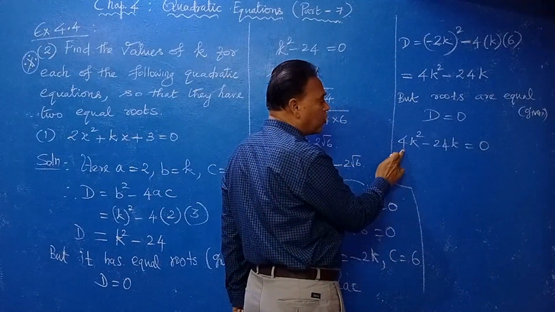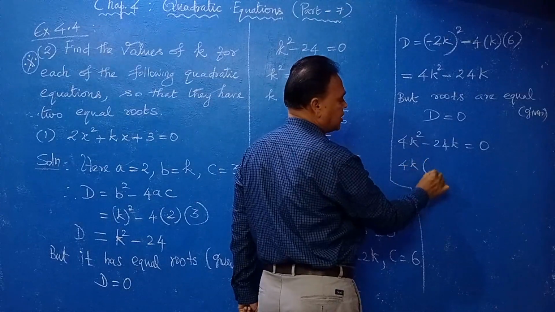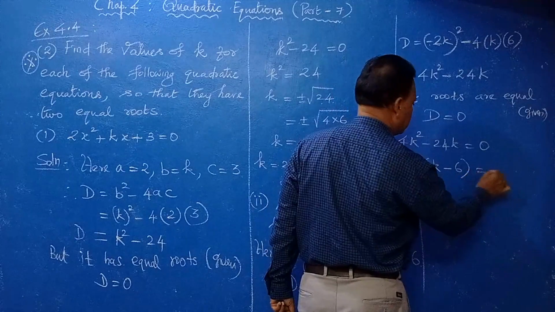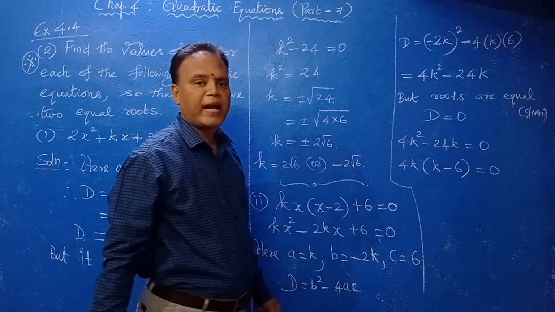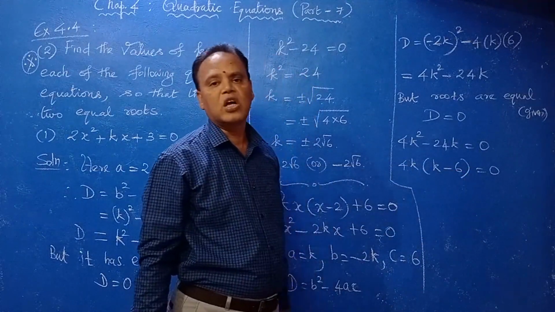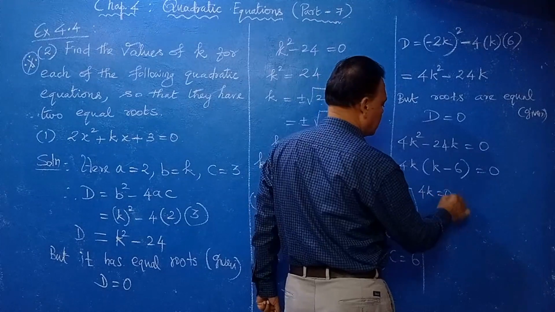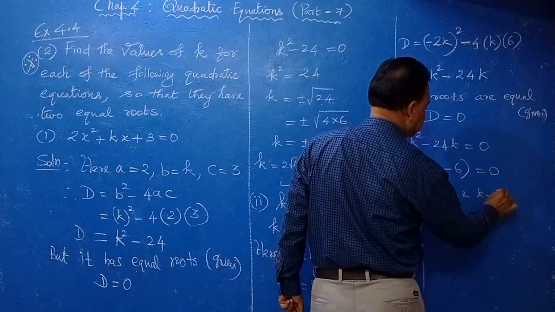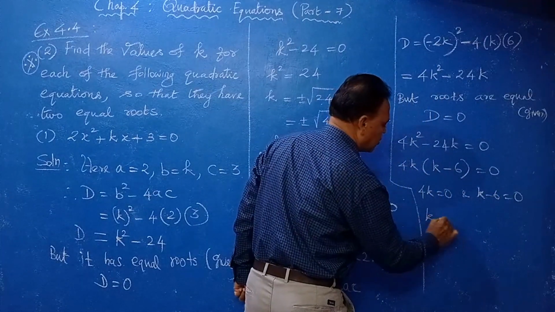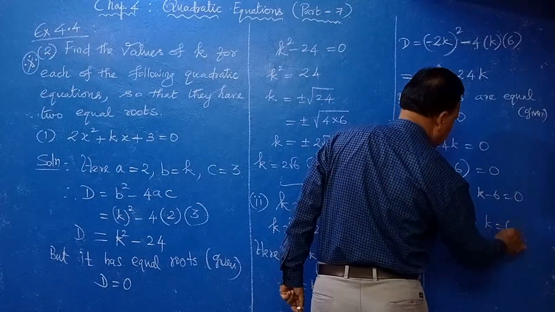Now here what you have to do is take 4k as common factor. 4k is common factor, you take out, so that you will get k minus 6 equal to 0. Now actually here you have two factors, 4k one factor and k minus 6 is another factor. So you have to make 4k equal to 0 and k minus 6 equal to 0. So here k equal to 0 and k equal to 6.